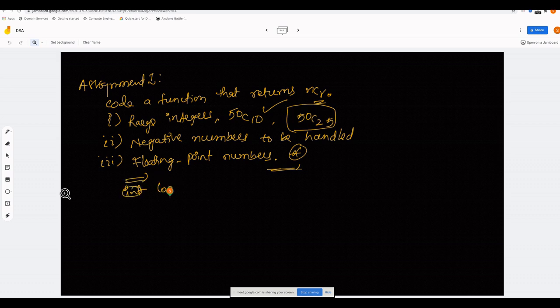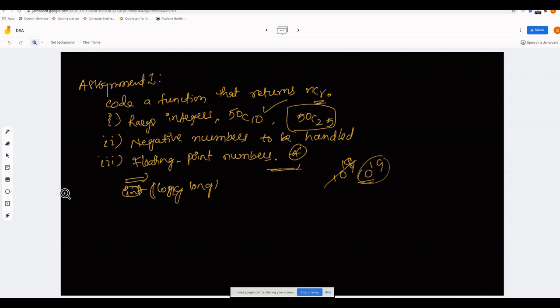Long is 64 bits, which can cover up to 10 power 18, or almost 10 power 19.